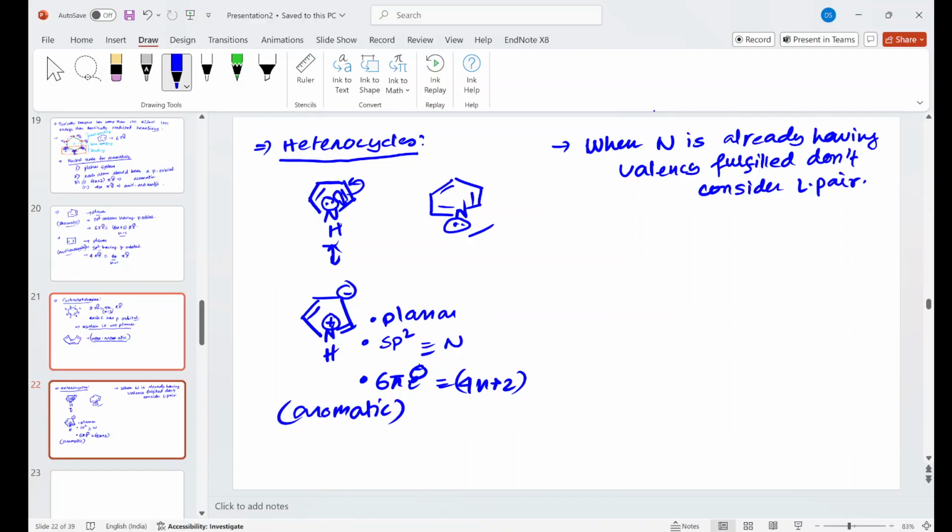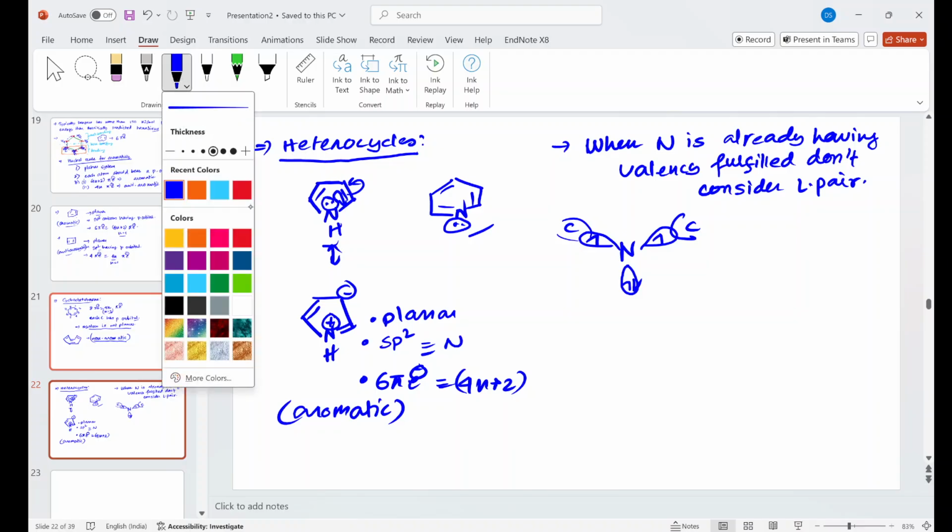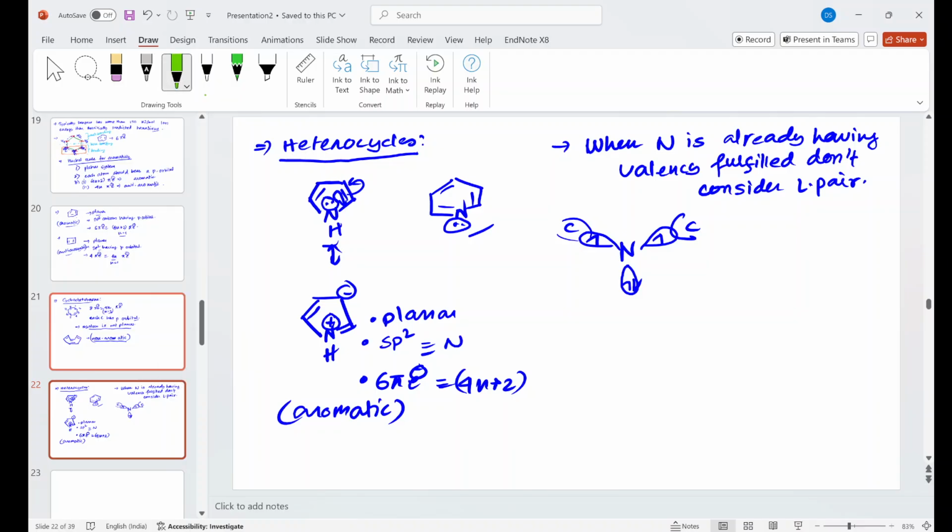In this case, we should not consider the lone pair, because the nitrogen has two sigma bonds with carbon, right? These are carbon, carbon. And then it will have one empty orbital where this lone pair is residing. This is also sp2. Now it has one more orbital, something like that, where it has the extra charge.